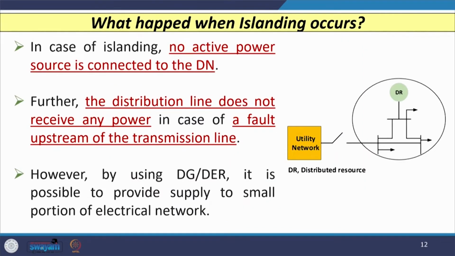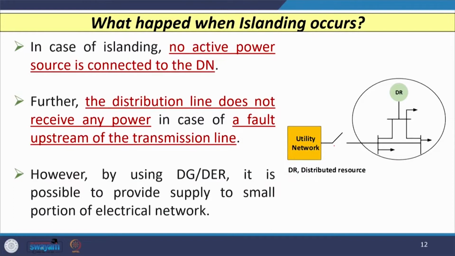So, let us see what happens when islanding occurs. Whenever islanding occurs, no active power source is connected to the distribution network, so your grid or utility is disconnected. Your distribution line does not have any power in case of fault.